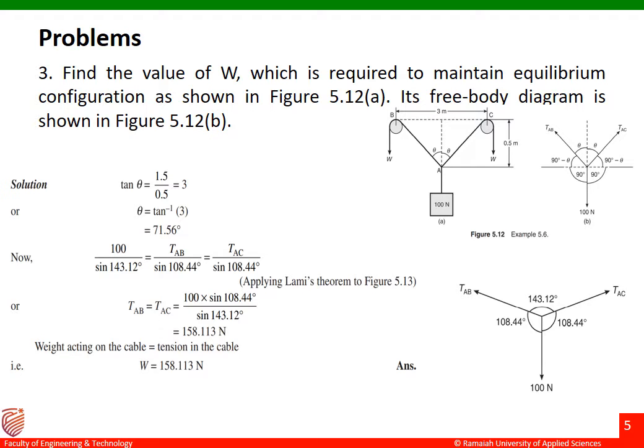Okay, so this is my given question here, and then free body diagram is also given here. This is figure 5.12a and then figure 5.12b over here. Okay, the unknowns are what? W and then theta over here.